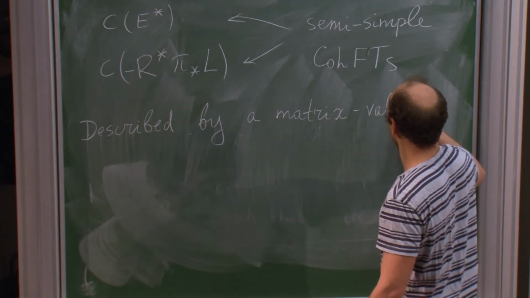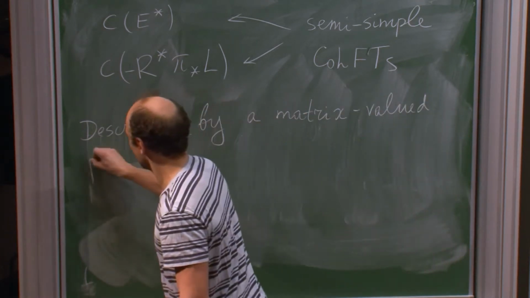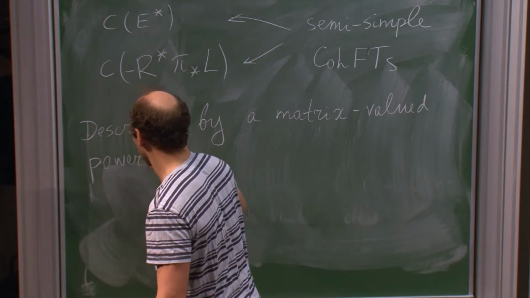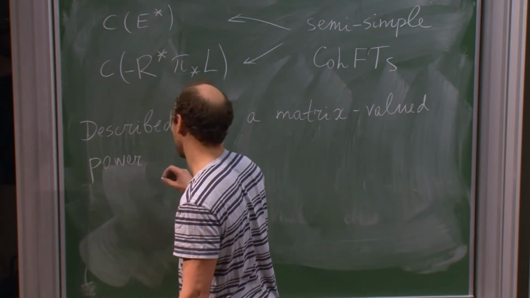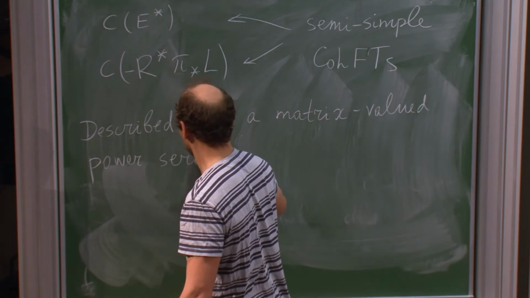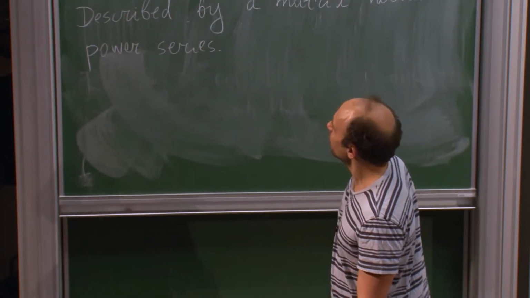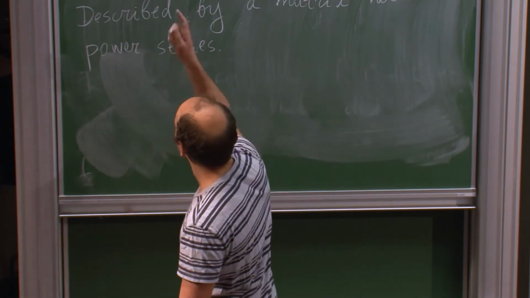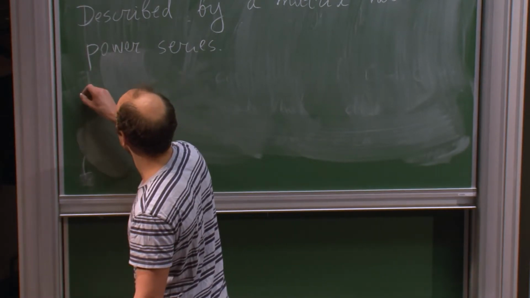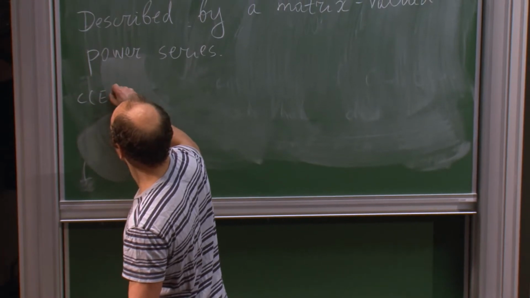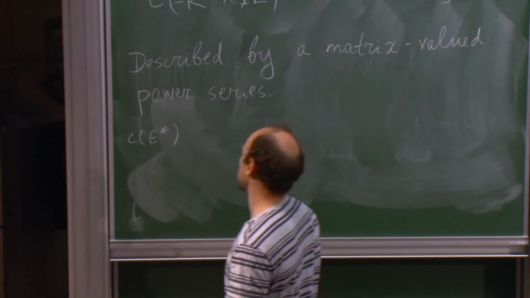It's the Givental R matrix. So the power series for the first one, here you have matrices 1 by 1, so it's actually just one power series.